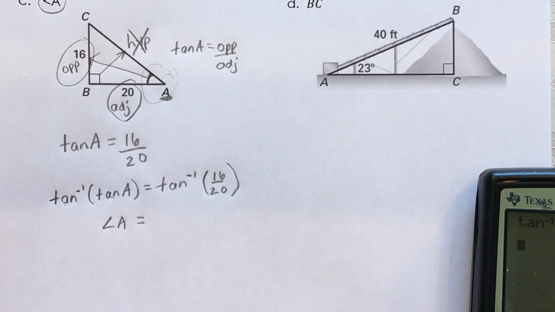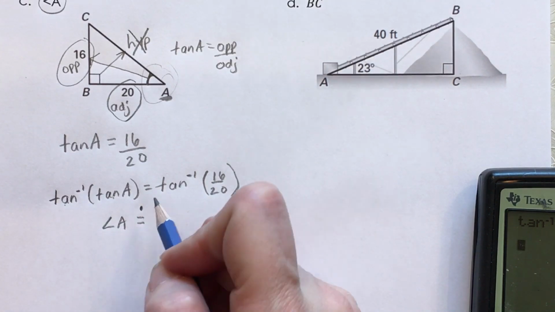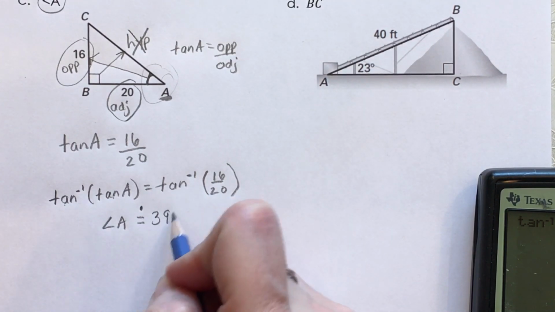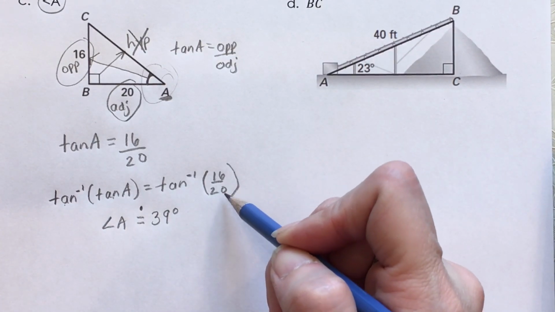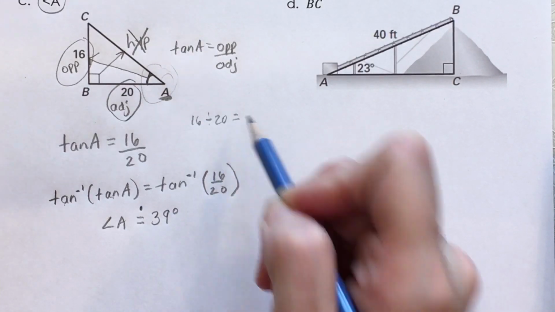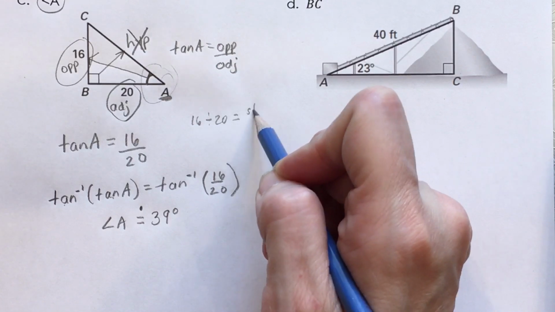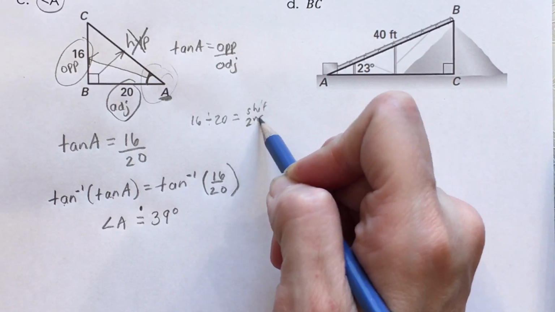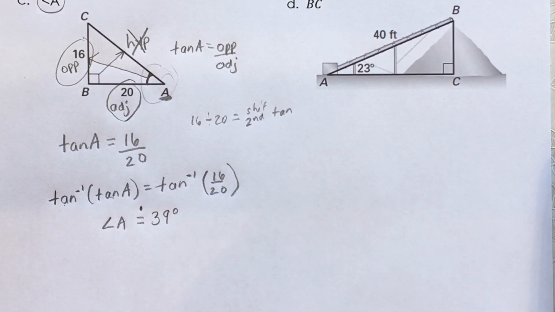And it says 38.65, but approximately, and usually with angles we round to the nearest degree, 39 degrees. On other calculators, you would go 16 divided by 20 equals first, and then you press shift or second, and then tan, which will bring up the tan inverse function.